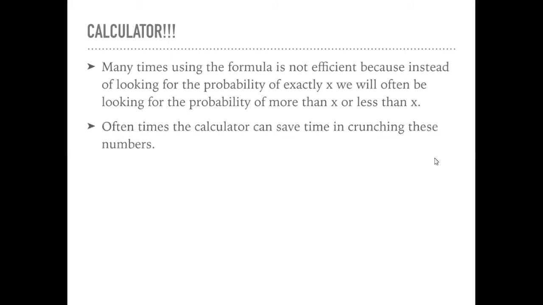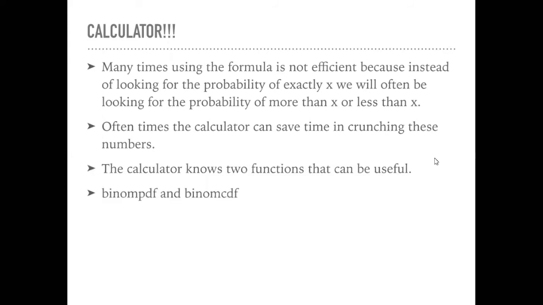Oftentimes the calculator is going to save time with crunching these numbers. There are 2 functions that are useful on the calculator, the binomial PDF and the binomial CDF. On the TI-83 or 84 calculator, they're called binompdf and binomcdf. We need to know how and when to use each of these to make life easier.